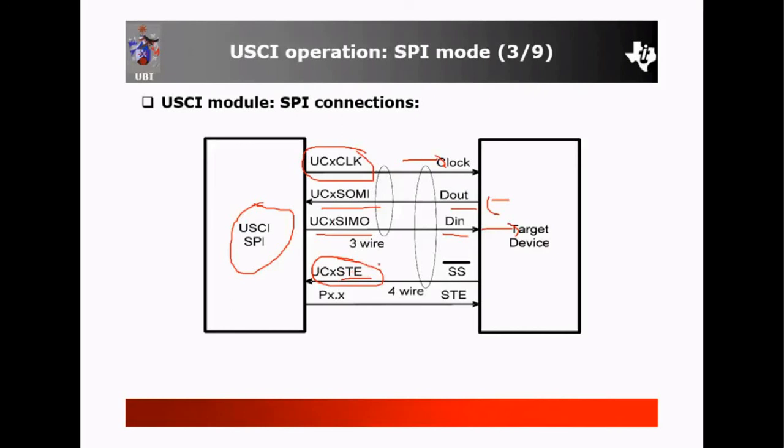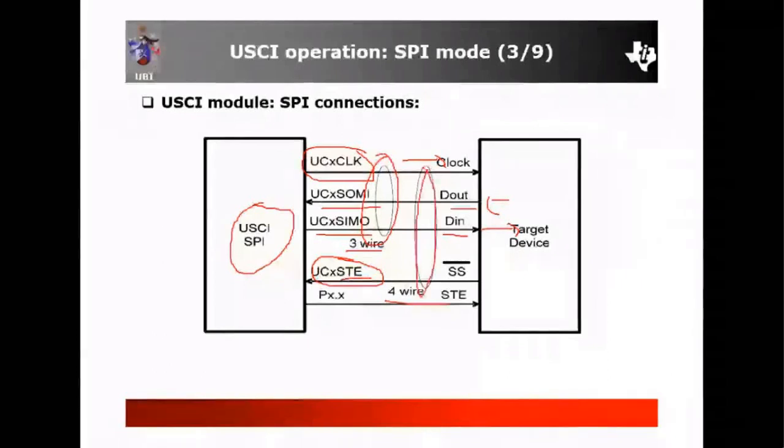Now this configuration is used in two modes. One is called 3-wire mode, another is called 4-wire mode. In 3-wire mode, only 3 data lines are used. If you are using 4 lines, then you can also select the UCxSTE slave transmit enable so that it can transmit the data from one device to another device with the serial peripheral interface.